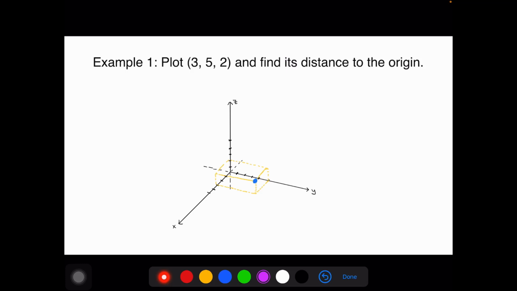And so I sketched a box to illustrate what's happening here. So from the point 3, 5 in the xy plane, I just went up 2. And so in blue, that would be my point.